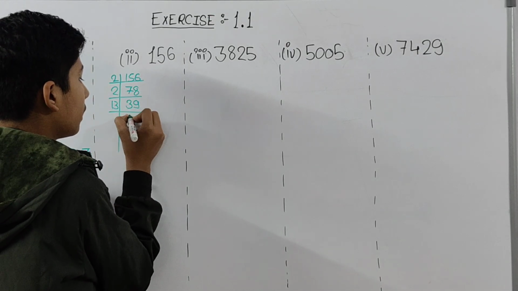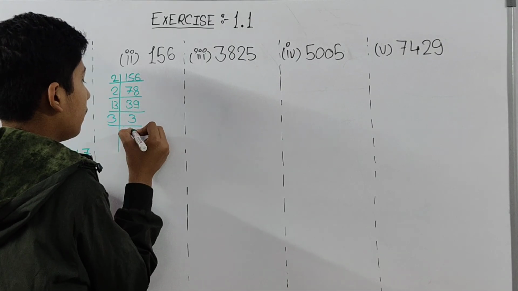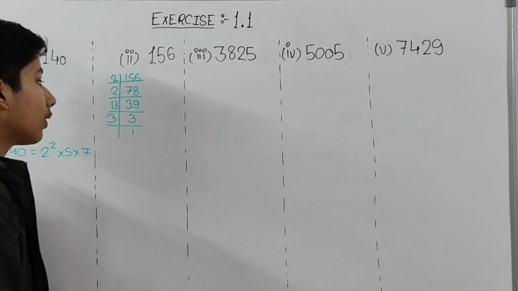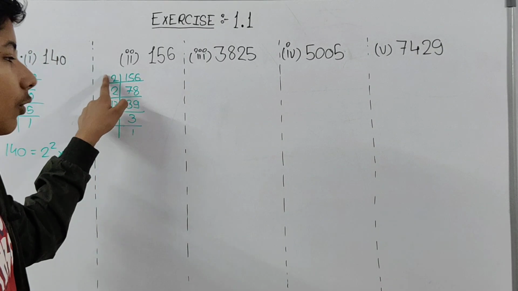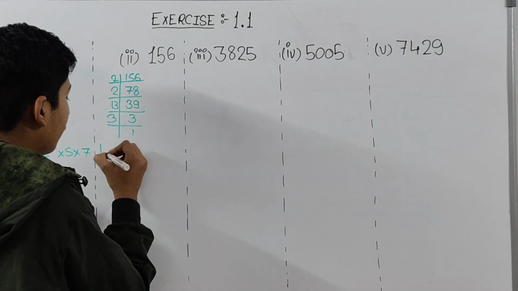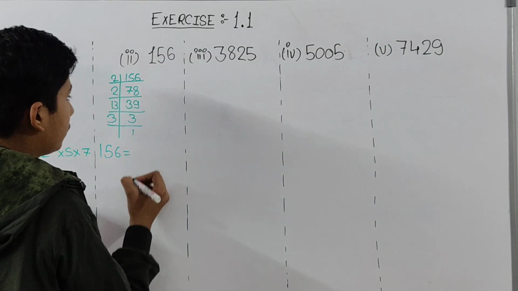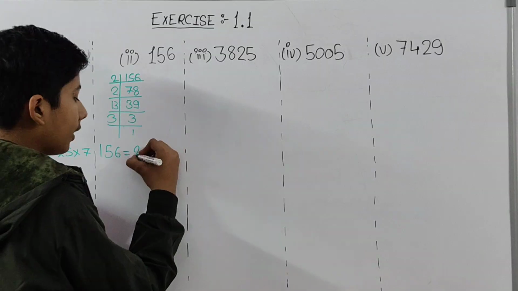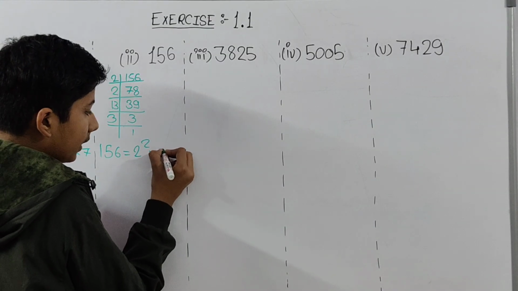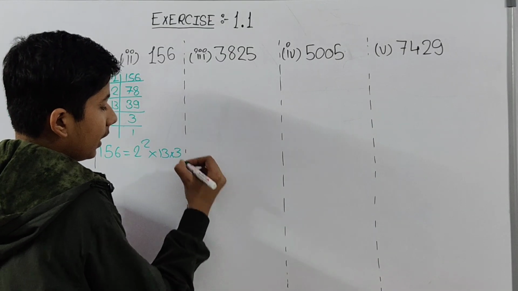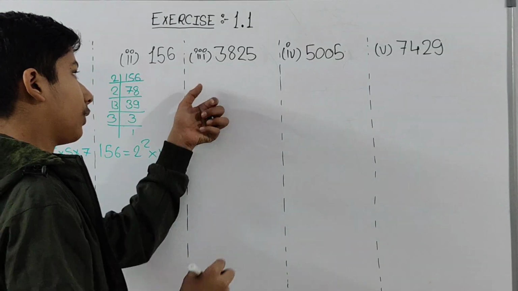Then 13 threes are 39, then 13 ones are 13. Okay, so now it is 3 into 13 into 2 into 2. So we'll write 156 equals to, there are two 2's, then we'll write 2 square multiplied by 13 multiplied by 3. Simple.